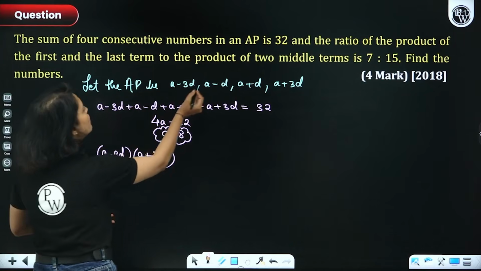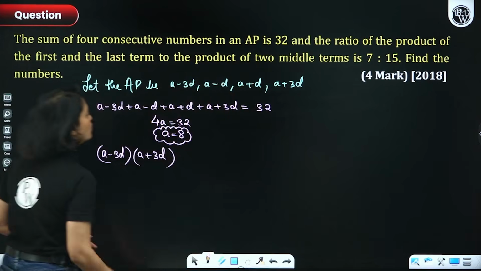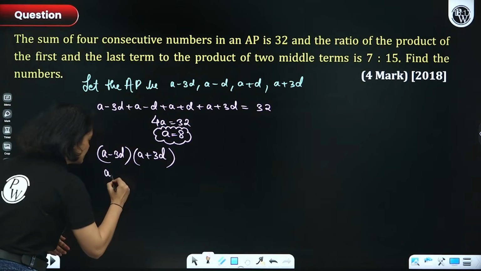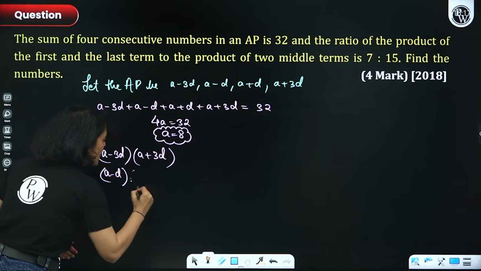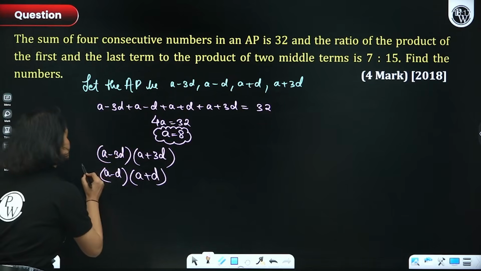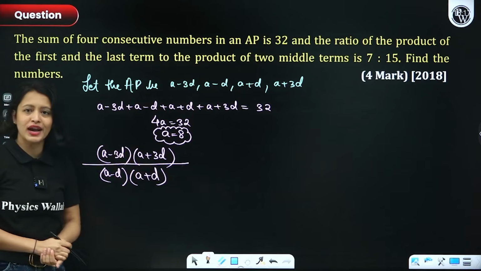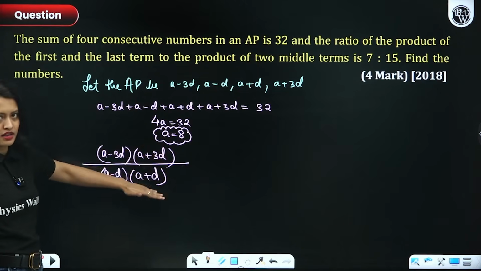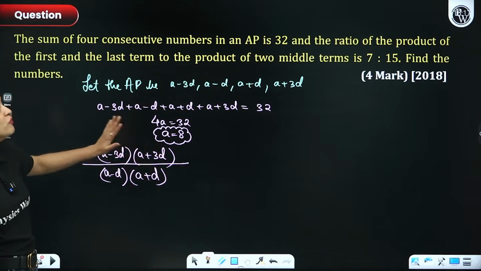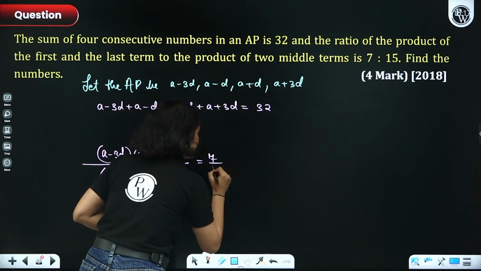Now we'll figure out the product of the 2 middle terms, which would be A minus D into A plus D. Now they are telling us that when you take the ratio of these products, taking ratio means simply writing it in fraction form, it would be equal to 7:15. That means this would be equal to 7/15.